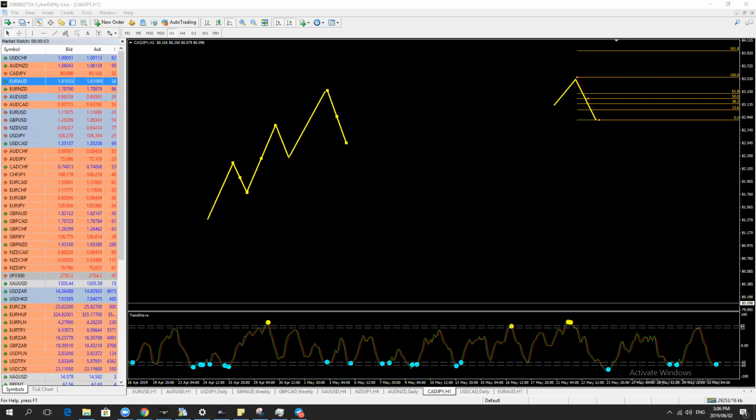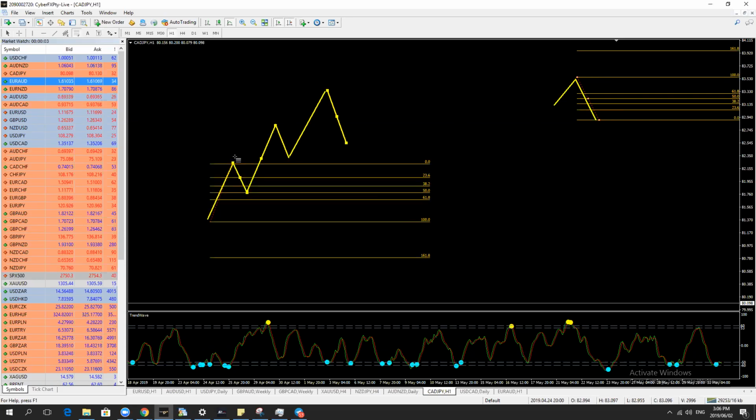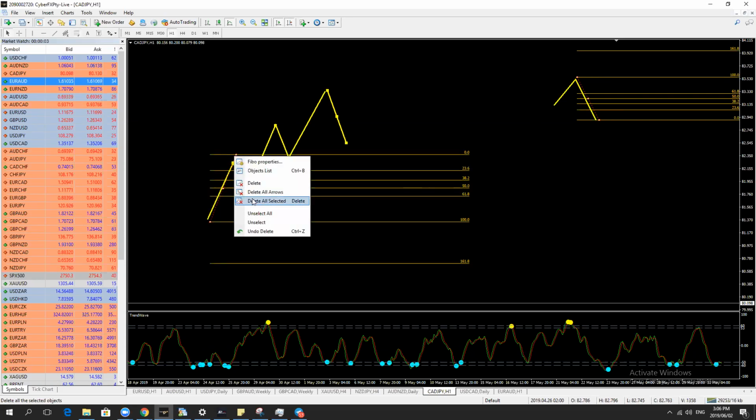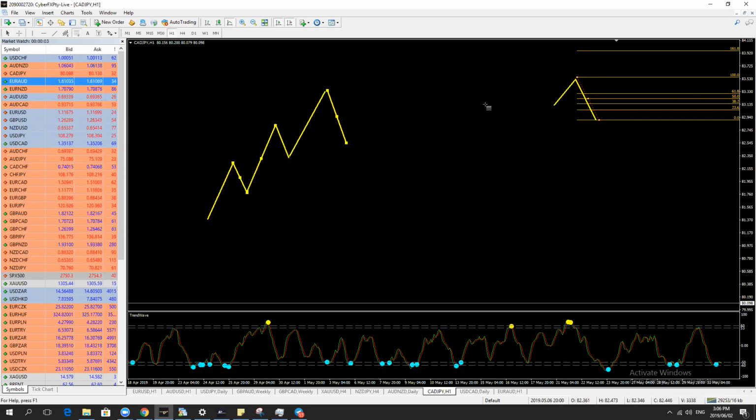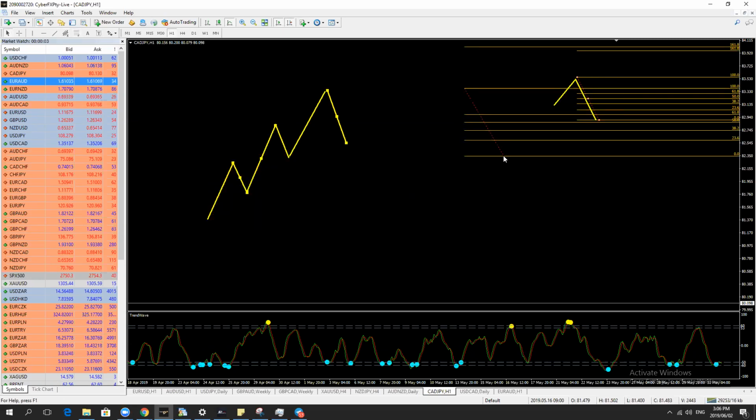Okay, but anyway, so, like I said, just to recap, when you're drawing it in an uptrend, you touch the bottom to the top. When you're drawing it in a downtrend, draw it from the top to the bottom, just like that. Okay, cool.